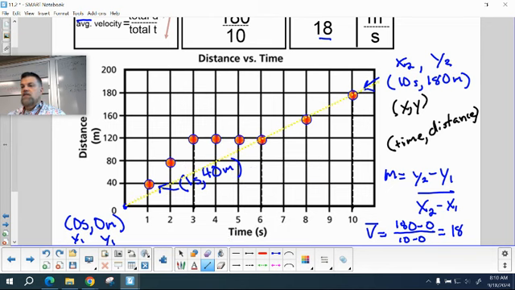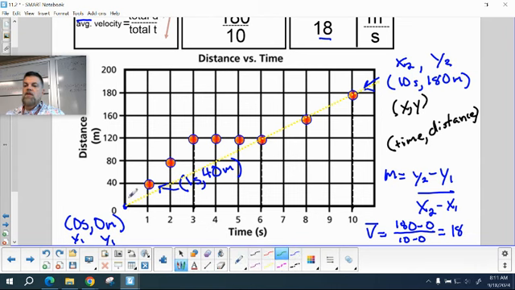So that's like the average slope, but notice that it doesn't always do that. So let's talk about what's going on from point to point.